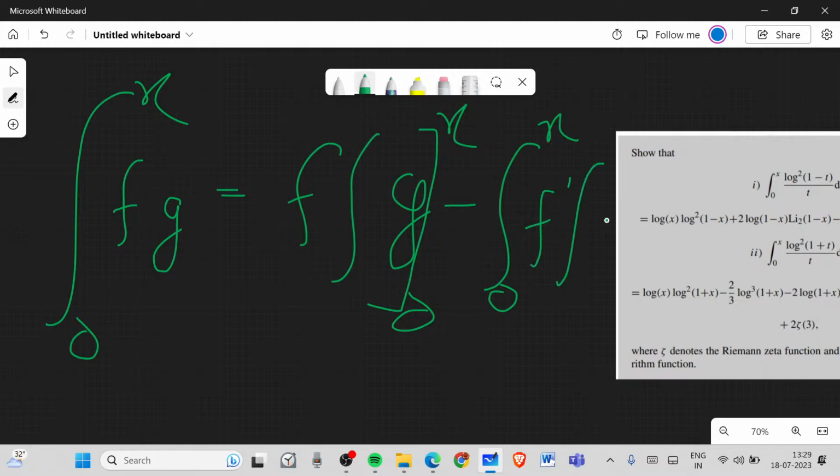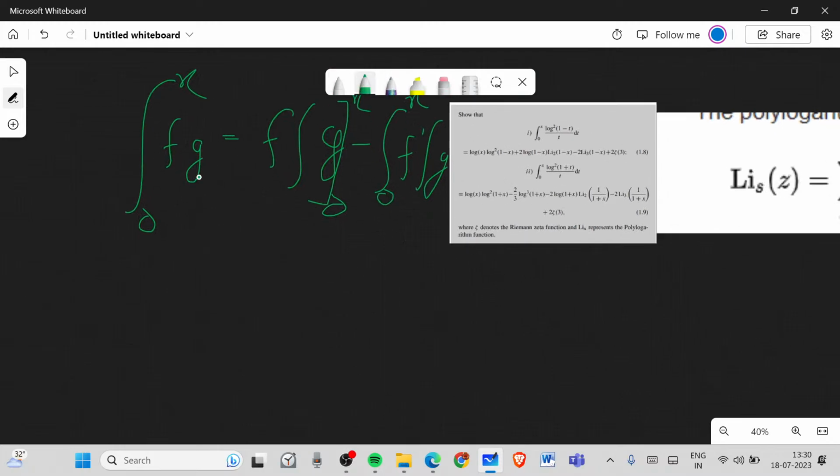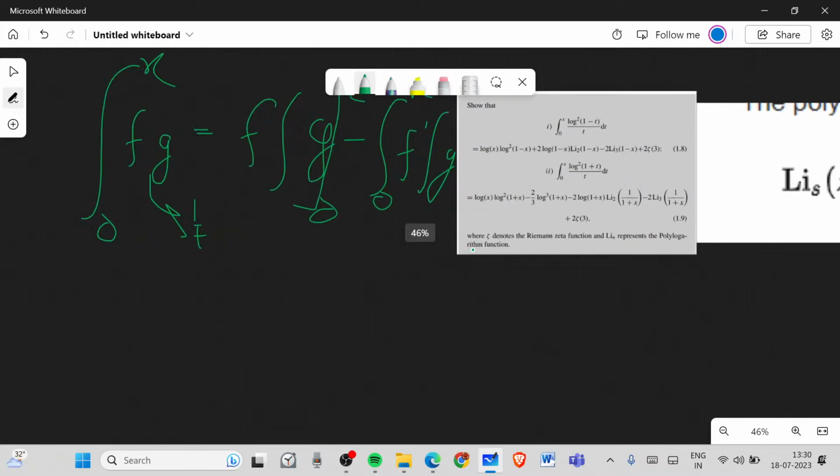Okay, now for us in this case, let g be 1 by t and f be ln square (1 minus t).